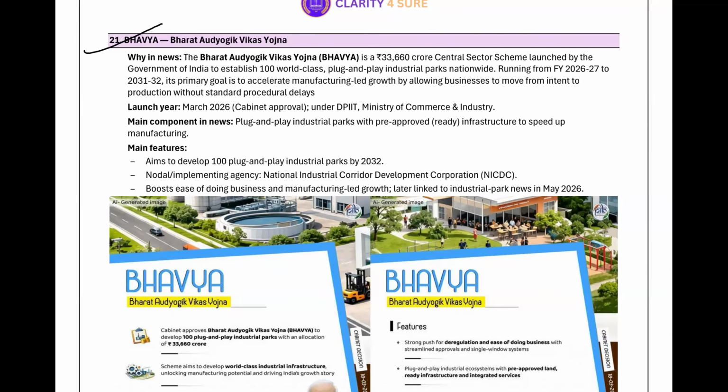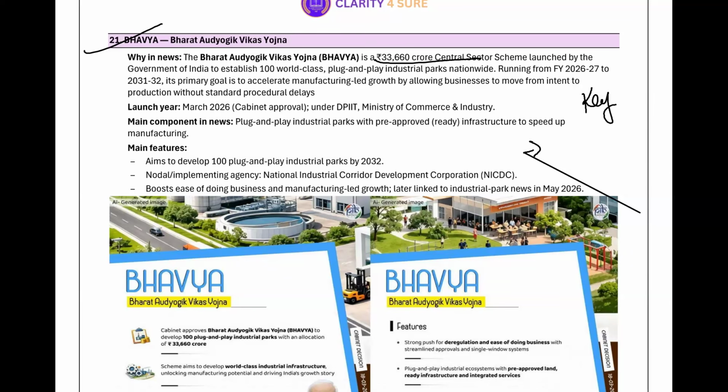The only important key points you should remember for this Bharat Udyogik Vikas Yojana as per the gist: the first key point is this. Rupees 33,660 crore central sector scheme has been allocated.